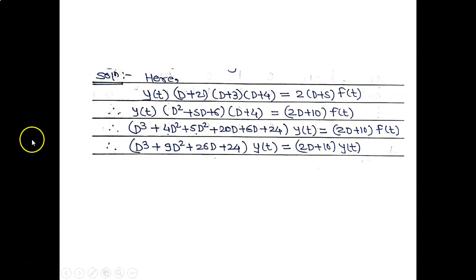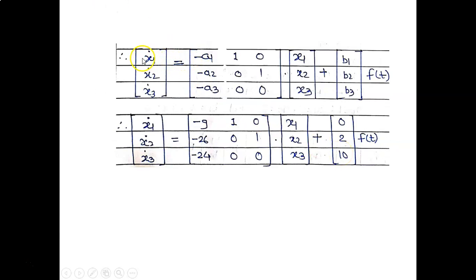Comparing this equation with the standard form, we have the matrix form: x1 dot, x2 dot, x3 dot is equal to minus a1 1 0, minus a2 0 1, minus a3 0 0 into x1, x2, x3 plus b1, b2, b3 into f(t). Therefore x1 dot, x2 dot, x3 dot is equal to minus 9 1 0, minus 26 0 1, minus 24 0 0 into x1, x2, x3 plus 0, 2, 10 into f(t).